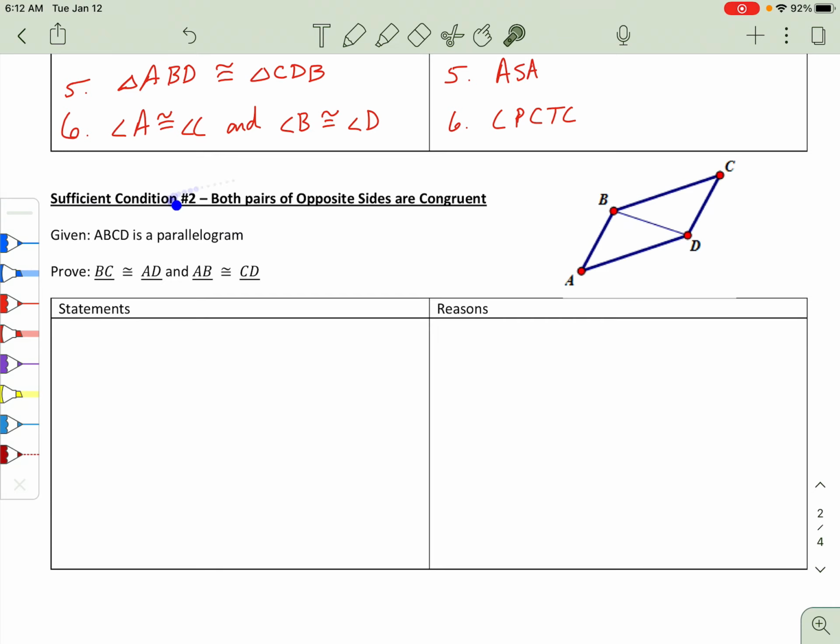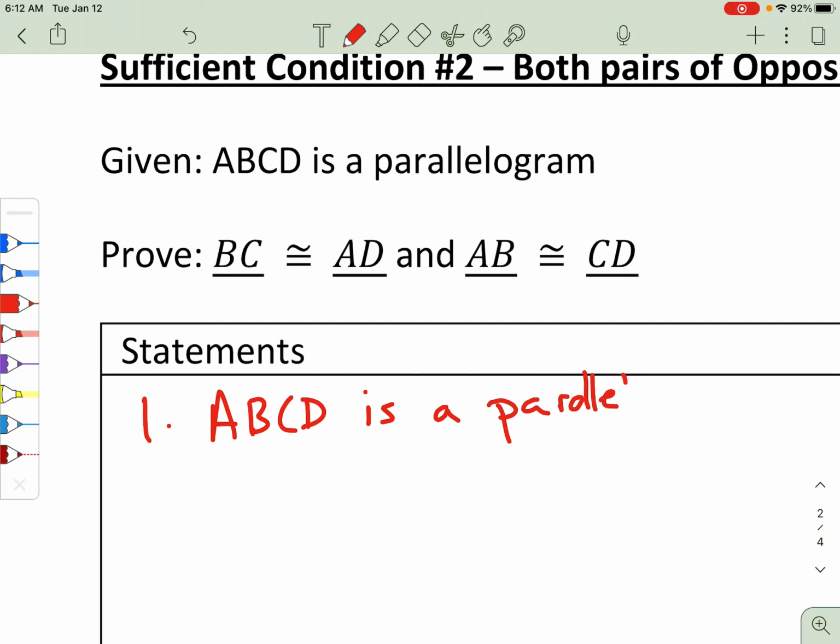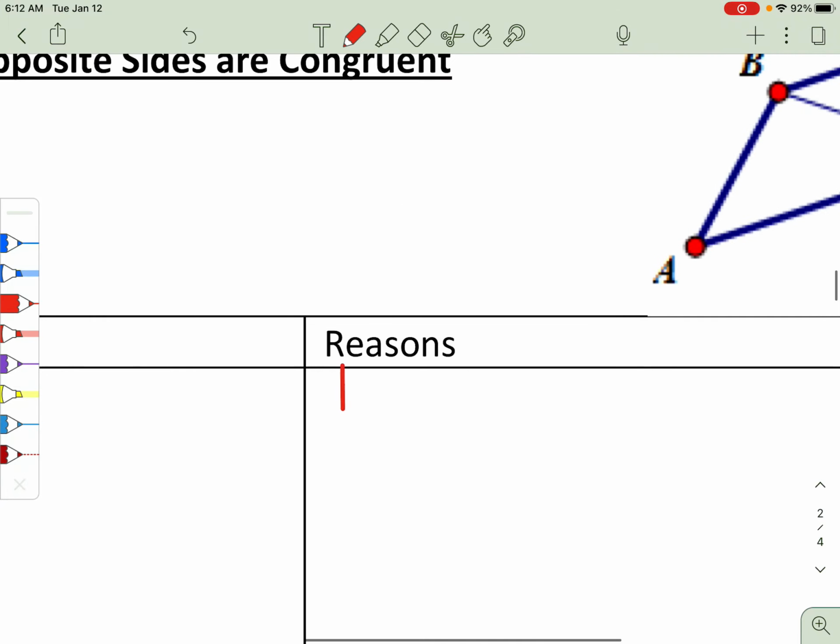So now we're going to prove that sufficient condition number two is true, that makes up a parallelogram, so that both pairs of opposite sides are congruent, right? And so in order to do that, again, we have to look at the actual statement, what it's asking for, what it's given us. So first of all, it gives us that ABCD is a parallelogram. Okay, so that's what's given.